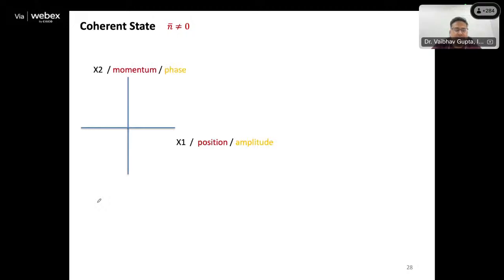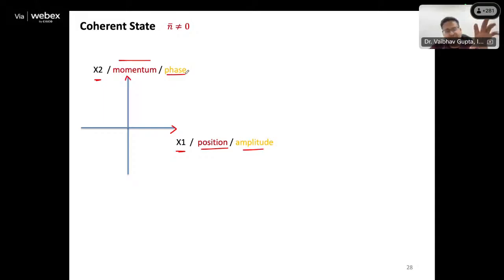Then comes the coherent state. Again, I will now use phasor diagrams to explain things, but in terms of quadrature, you could say this is the x1 quadrature, this is the x2 quadrature, or you could say this is the x-axis or y-axis. You could also plot that on x I have position, on y I have momentum, or I have amplitude on x and phase on y.